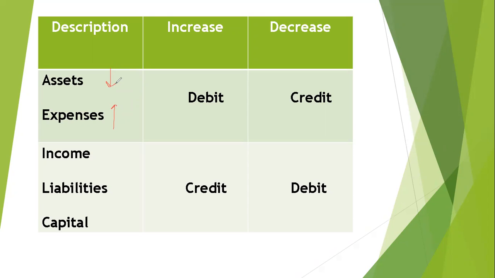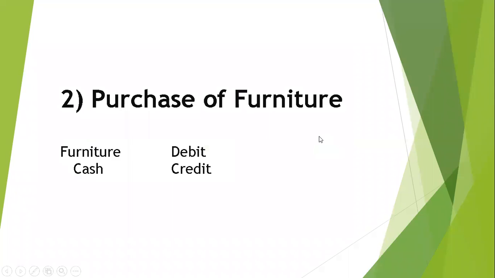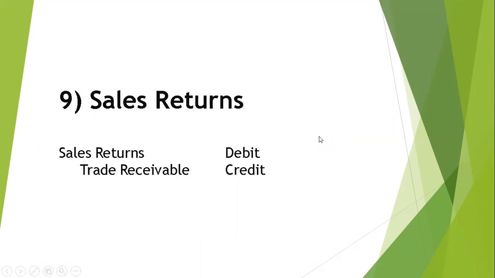In this case, I will be given only $4,000 by the customer. So the trade receivable, the asset, is also going to decrease. So we should debit this expense: we are going to debit sales return. At the same time, we are going to credit the trade receivable, because the trade receivable asset is going to decrease when there are sales returns.